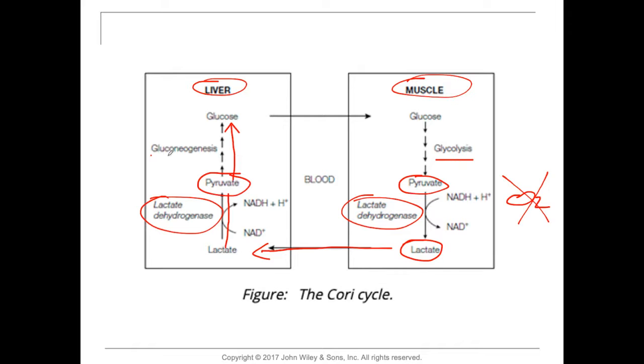That method is called gluconeogenesis. When you break down sugar, you have glycolysis. Lysis is to split. But when you're making new glucose, it's glucose new production, gluconeogenesis.